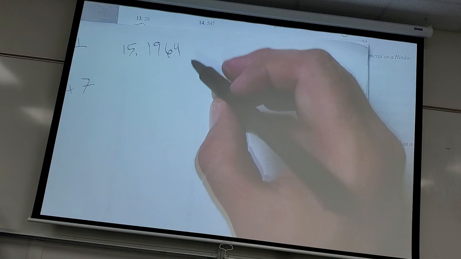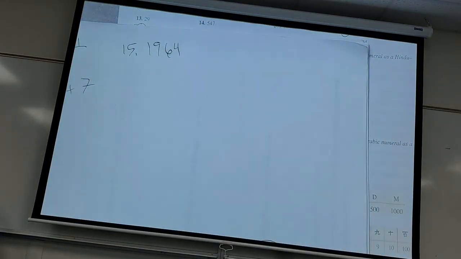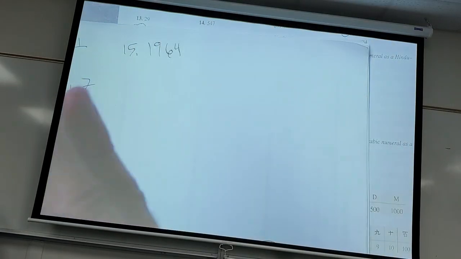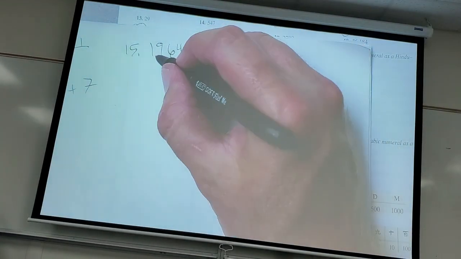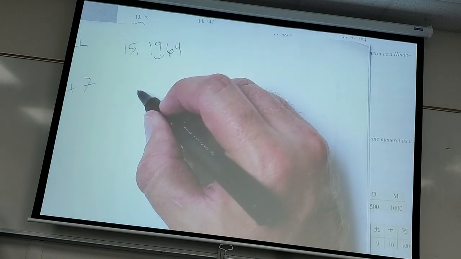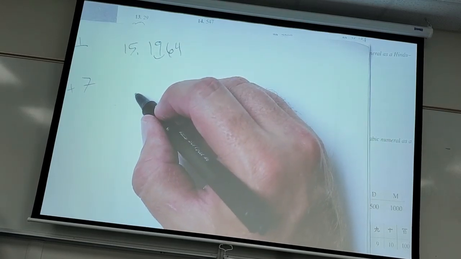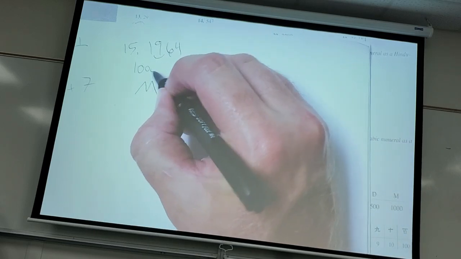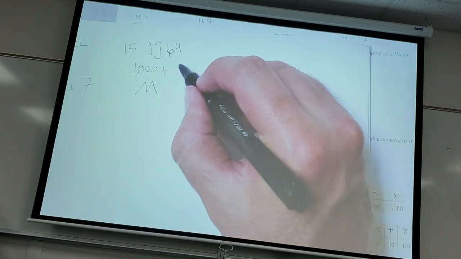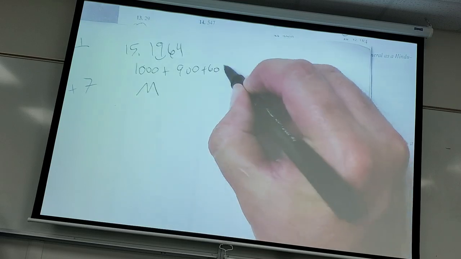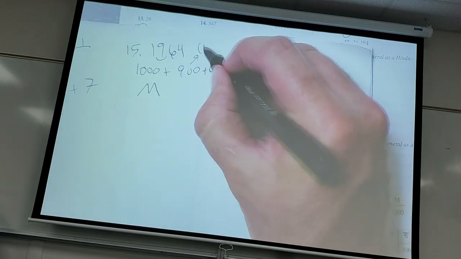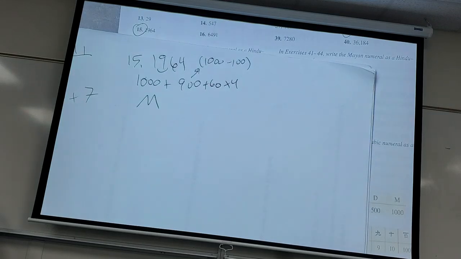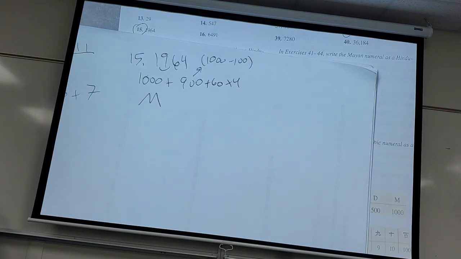Everything here is relatively easy except for which numeral? The 9, yeah. 1,000, I know how to do that: M. For 900, you can write this as 1,000 plus 900 plus 60 plus 4, which seems like a waste of time, but then you realize that's 1,000 minus 100. So you can show yourself some work if you need to.